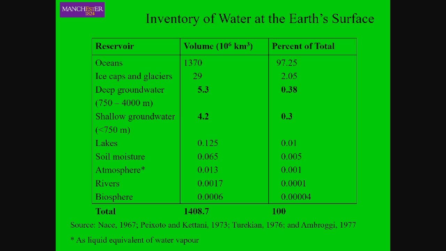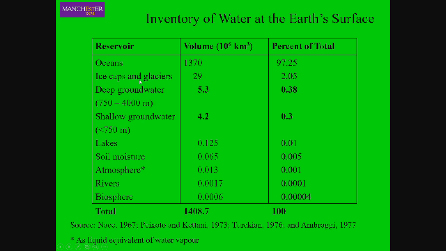One of the reasons for that is most of the water that we can drink isn't readily available. Or maybe the other way around, most of the water that's around we can't drink. So most of the water that we see near the Earth's surface is in oceans, which is obviously saline and undrinkable without treatment.